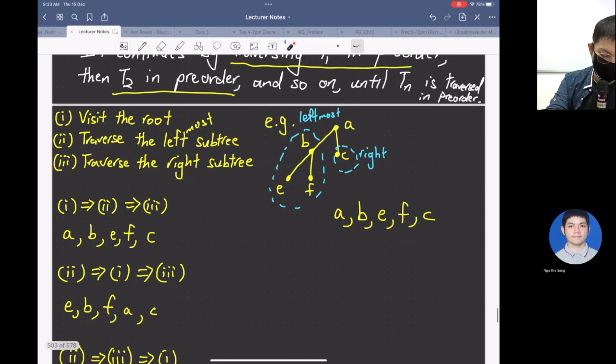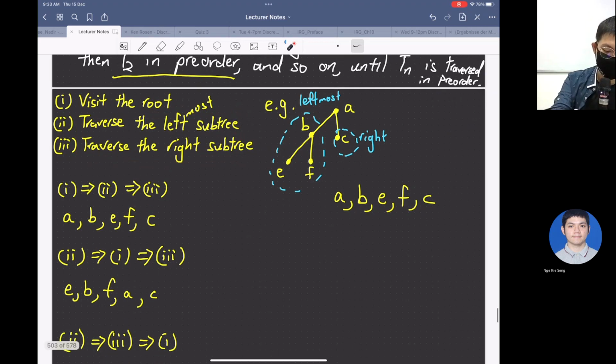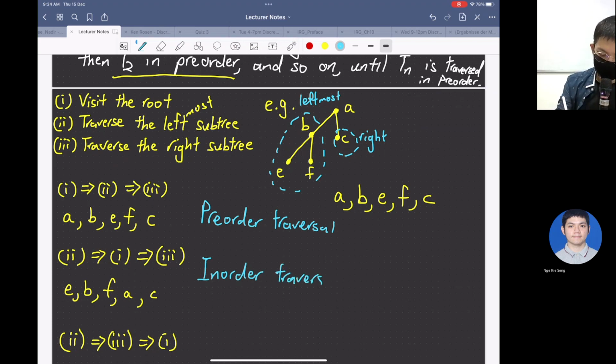Or we can do 2 and 3 first, and then visit the root last. This results in three different traversal orders. The first one we call the pre-order traversal, which is what we went through just now. The second one we call the in-order traversal. And the third one we call the post-order traversal.